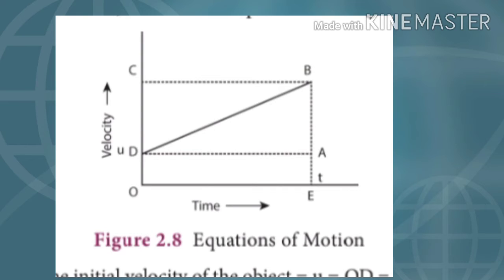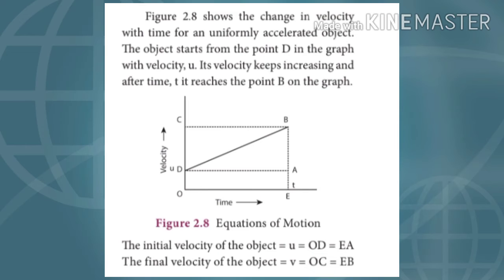So see here, figure shows the change in velocity with time for a uniformly accelerated object. The object starts from the point D in the graph with velocity u. Its velocity keeps increasing and after time t it reaches the point B on the graph.